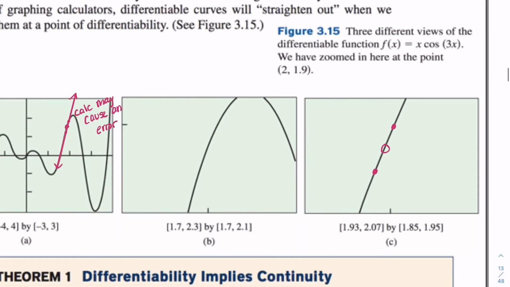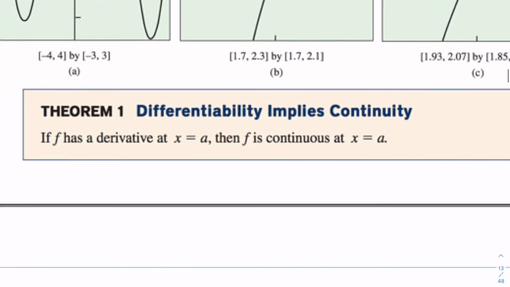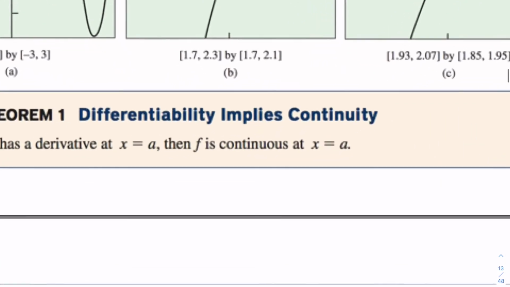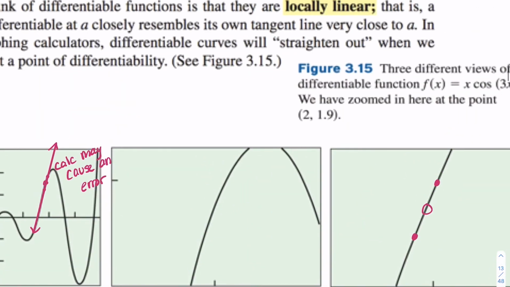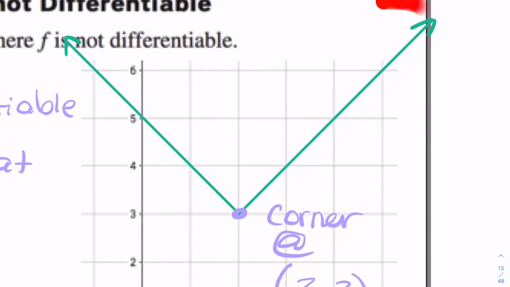That's a problem. So differentiability implies continuity. So if something is differentiable, it is continuous, but not all continuous functions are differentiable. Let's just go back to this one. Continuous? Heck yeah. It goes down, goes up, no problem anywhere. It's continuous all day long. Where's there a problem? Right here at this point at 2, 3.